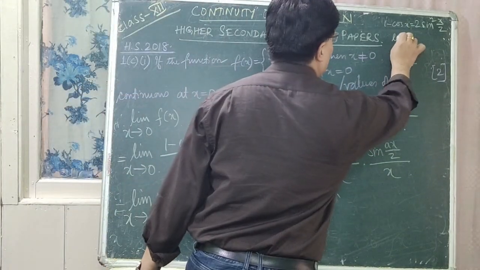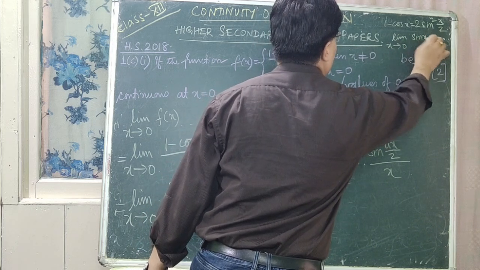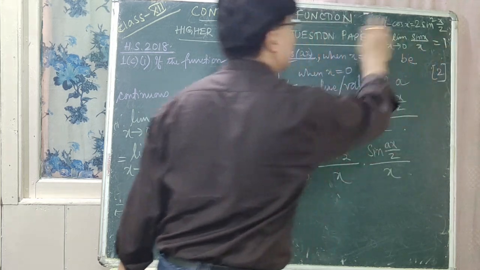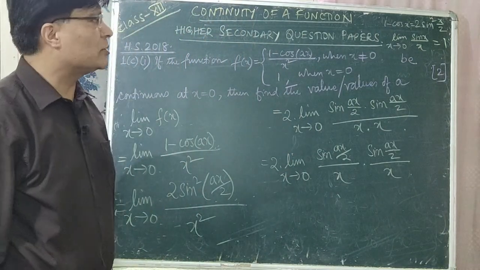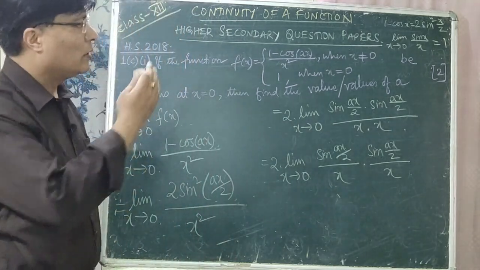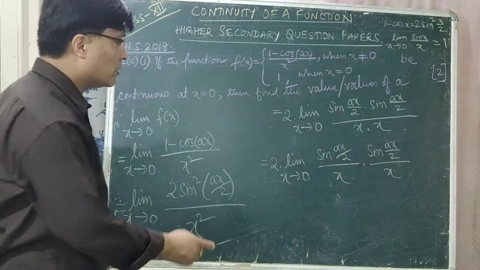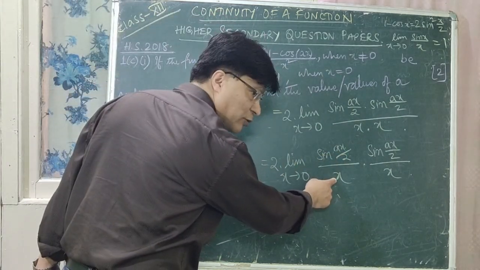You know this limit: x tends to 0, sin x by x is equal to 1. We remember this standard limit, but here, in place of x, there is ax by 2. We also have to make it ax by 2.